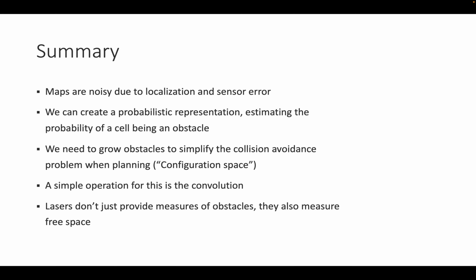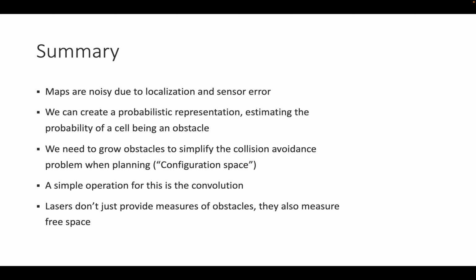But we also need representations that facilitate planning and actually abstract this obstacle collision problem away. For that, we introduced the notion of configuration space. This is very easy for a circular robot, which directly turns into a point, and it becomes a 3D configuration space as soon as the robot is not a circle anymore, but like a car, a rectangle, and where it matters at which orientation you want to place it into the map.